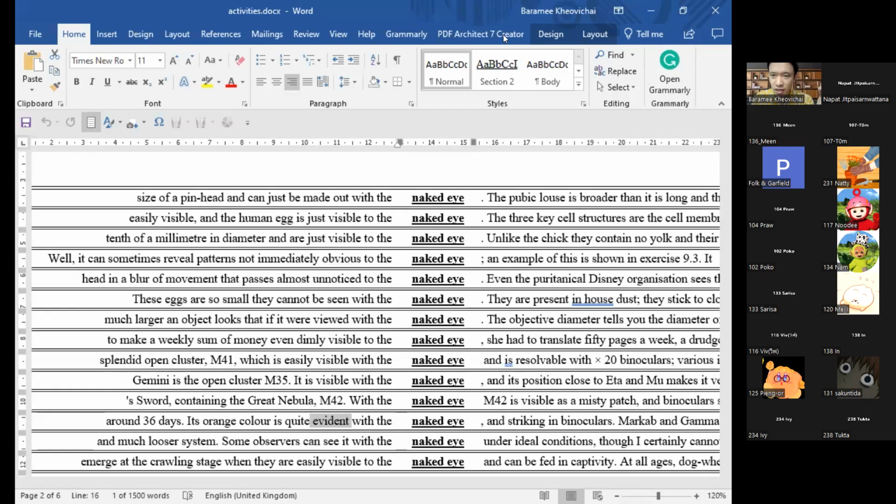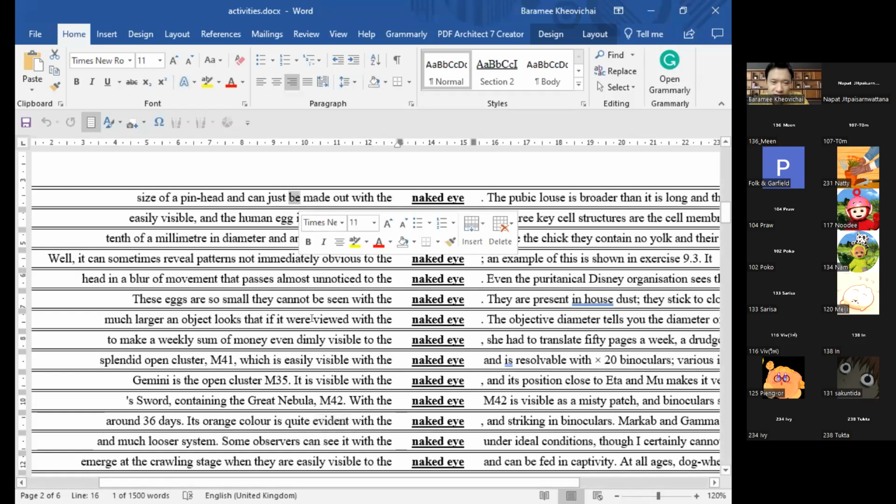This time the verb. Can I ask Sarisa? Sarisa, can you tell me the verbs that tend to appear on the left? Verb to be. We have verb to be, anything else?